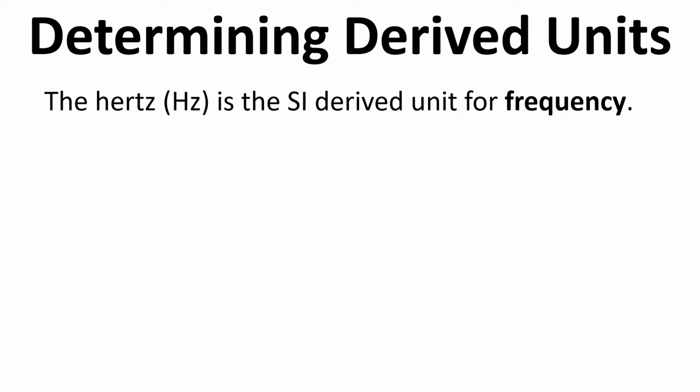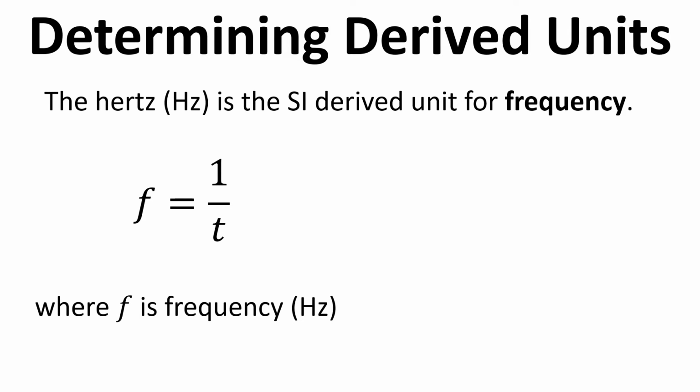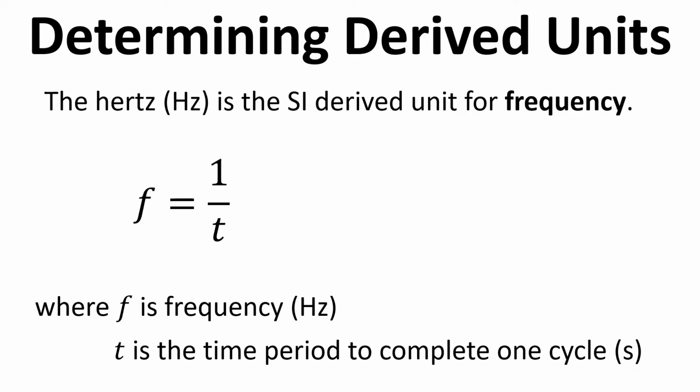Now in terms of deriving these units, we can actually use the equations that define a particular variable that we want to find the unit for. So let's take the example of Hertz, which I've just mentioned is the SI derived unit for frequency. The equation is that frequency equals 1 over t, where t is the time period to complete one cycle.